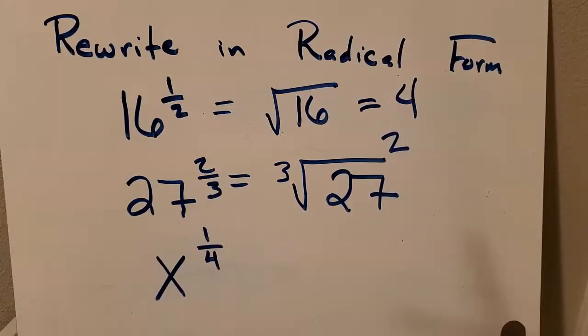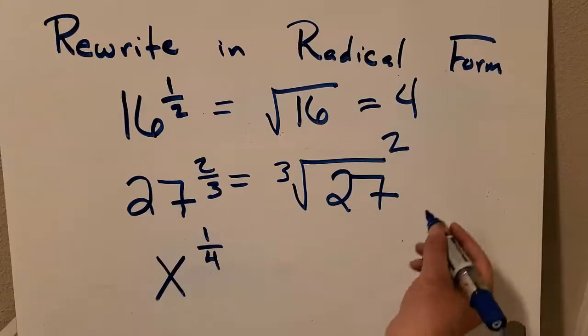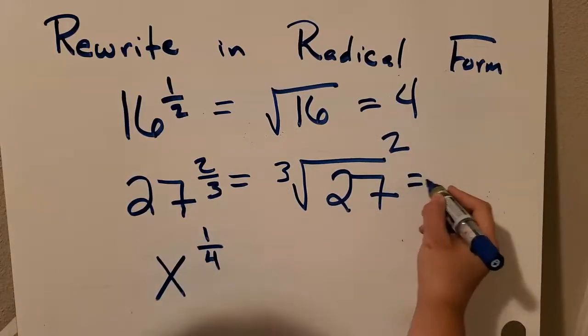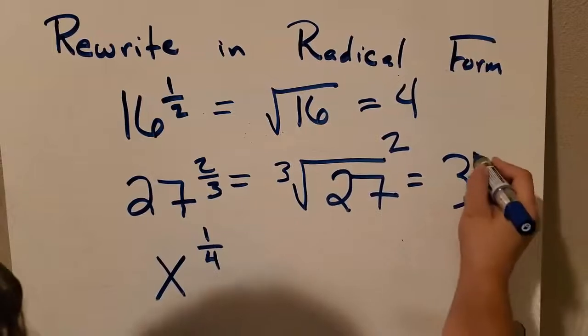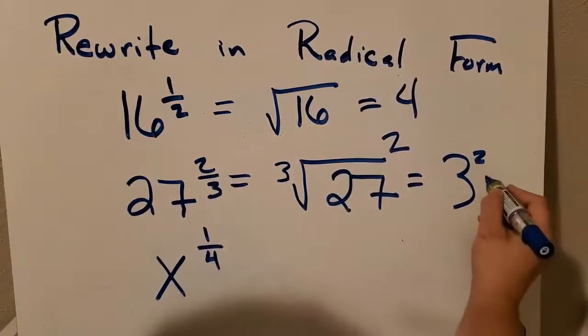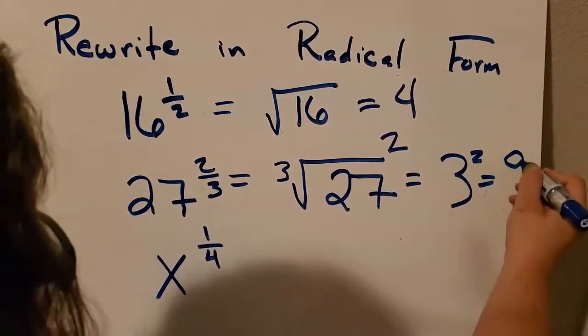So this one ends up being the cubed root of 27 squared. The cubed root of 27, what value times itself again, equals 27? That's 3. So I know that this equals 3 squared, which also equals 9.